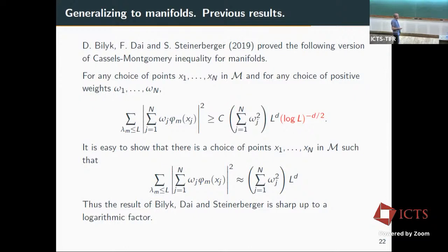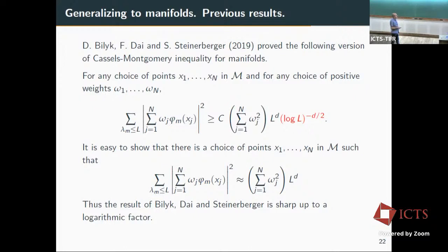And so as before, what you want is the d-dimensional volume. Before we had, remember, the area of the region x1, x2, where your eigenvalues were living. So here what you take is the number of eigenfunctions that you are taking.